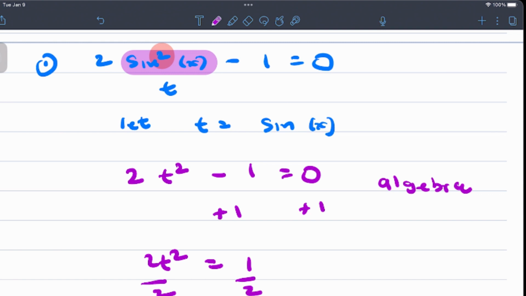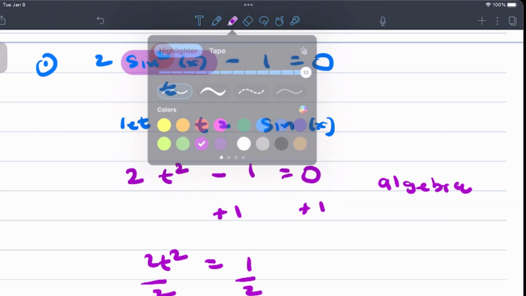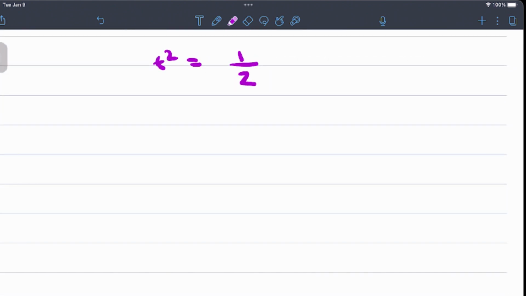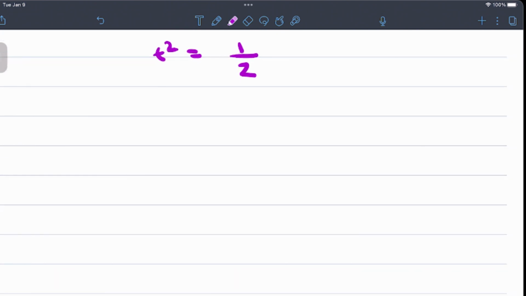Now, what do I mean by we already did algebra here? Do you guys remember? What am I talking about? How do you guys solve this equation? What do you guys do to solve for t, right? We've done this before. We actually did this in the beginning. What do we do? What do we use? What's it called? What do you guys use? It's use the what? What is it called?